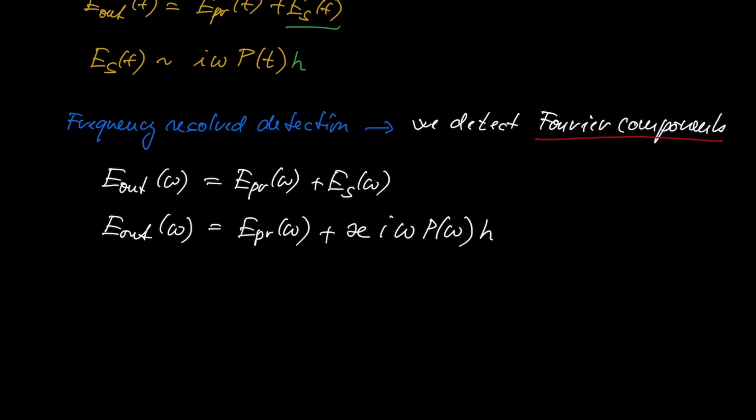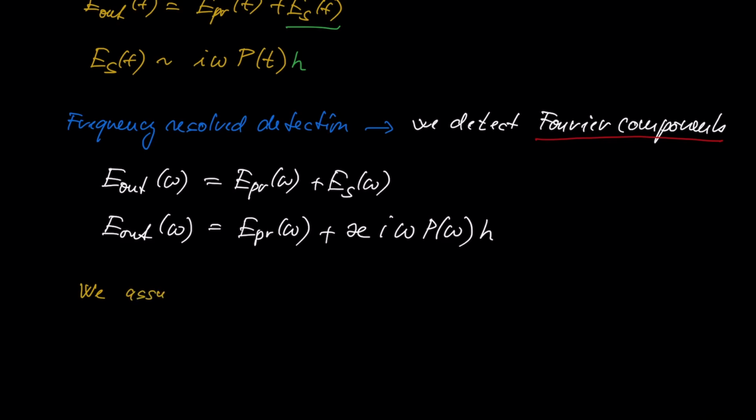Now, in our discussion of pump probe earlier, we assumed that we can write this nonlinear signal. It must be a third order signal because we are looking at the pump probe. We assumed that it can be written using some sort of a generalized susceptibility.